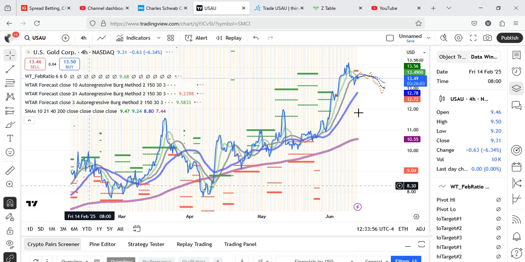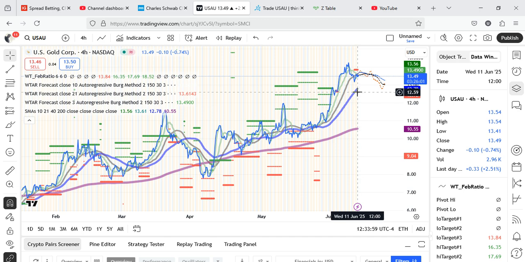On the 4-hour chart, we have a distributive contraction that is expected to maybe begin to kick in from Thursday, from tomorrow, and at various times may defy the bearish trend and attempt to retest the highs of maybe tomorrow.